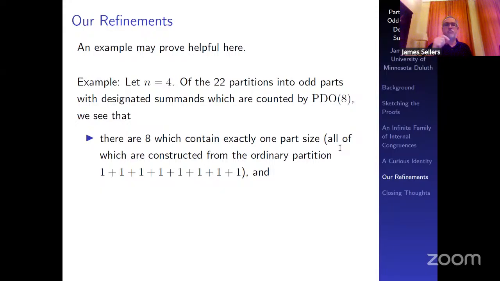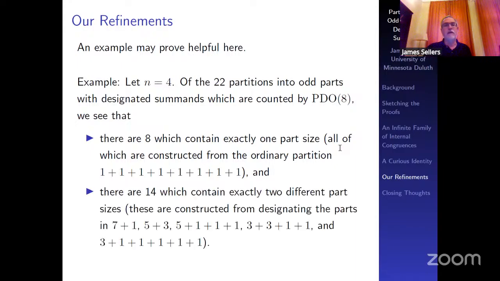Those come from just 1, 1, 1, 1, 1, 1, 1, 1, and you put the little mark wherever you can, and so there are 8 ways to do that. So those 8 are immediately counted as part of PDO of 8. And then there are 14 PDO partitions of weight 8 that have exactly 2 part sizes.